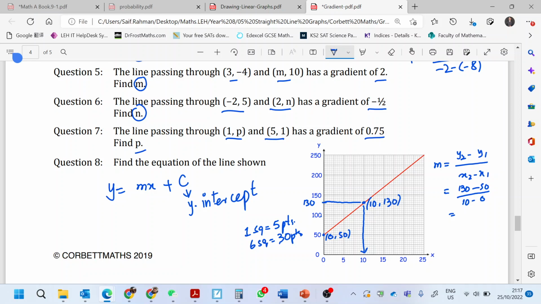So this gives us 80 by 10, and this gives us 8. So m is 8. In this, the y-intercept is 50. So this equation will be y is equal to m, which is 8, so we have found 8x plus 50. This will be the equation of this line.